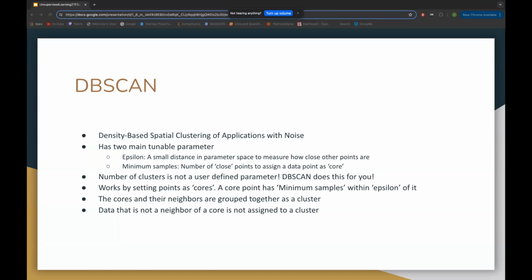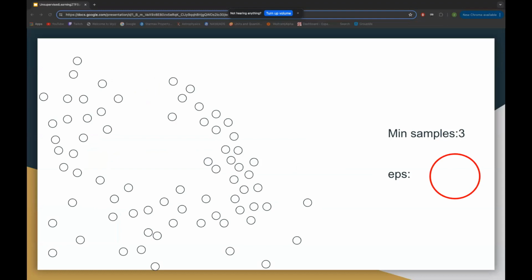Now I'm going to schematically show you how this algorithm works. Again, here we have some weird shape of data. For this example, I'm going to pick minimum samples 3, and this circle represents the size of epsilon. These are the two things you're changing: the number you pick, and the size of this circle.